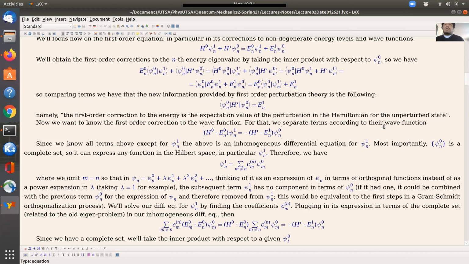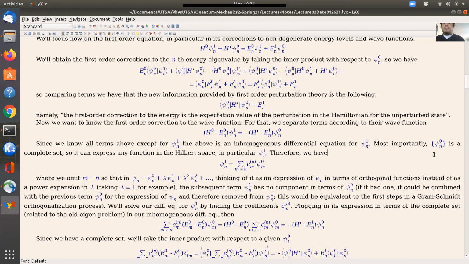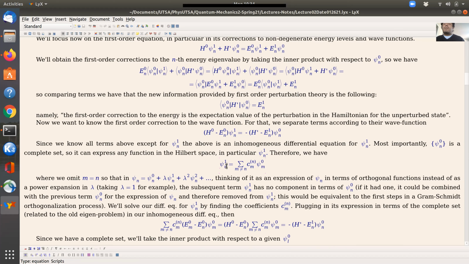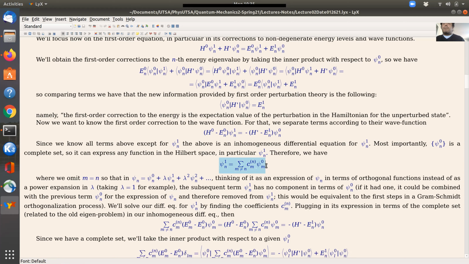But the interesting thing is that the old set of eigenfunctions is a complete set. Because it's complete, it can represent any function in the Hilbert space by linear combinations, in particular the one that we're looking for. And so we can propose the first order correction as expressed in terms of the old eigenbasis.